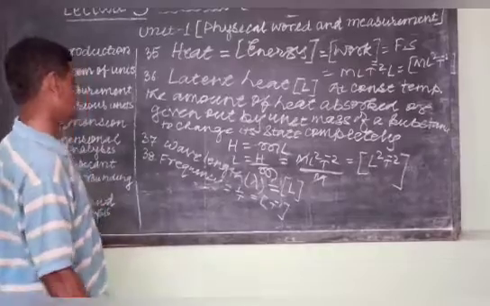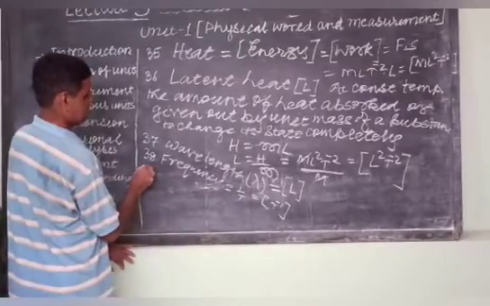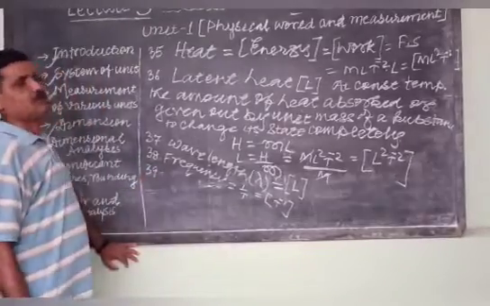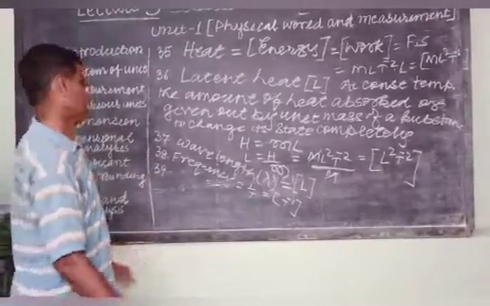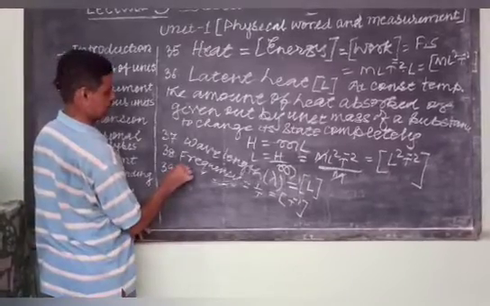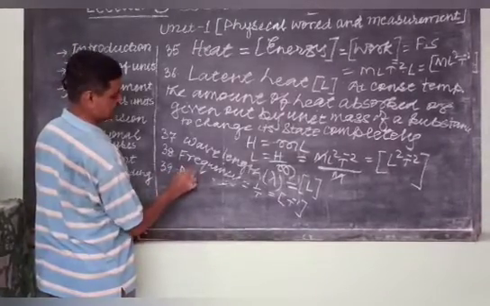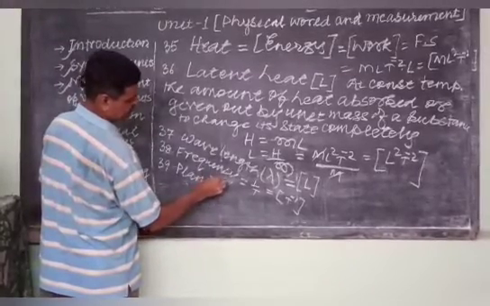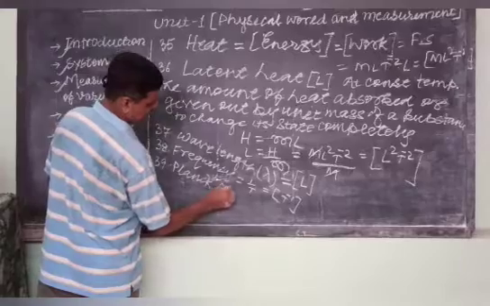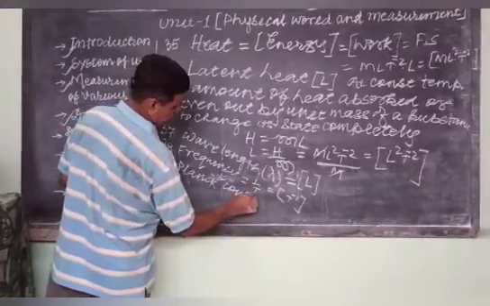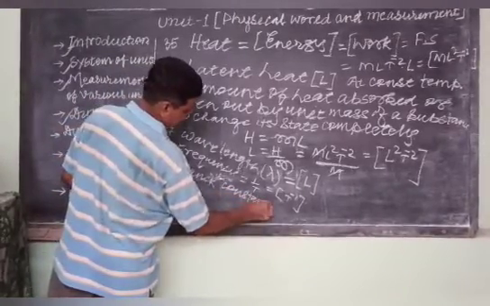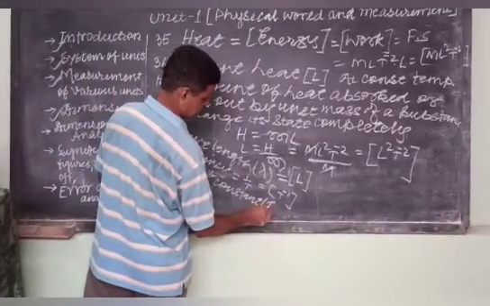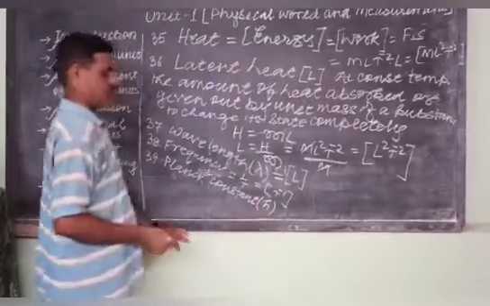It was frequency. And let us come to serial number 39, Planck's constant. It is denoted by a small h.